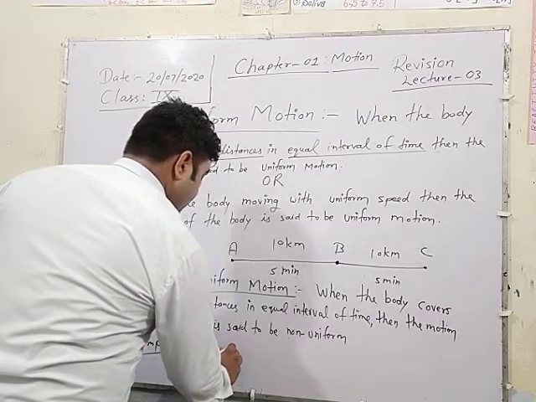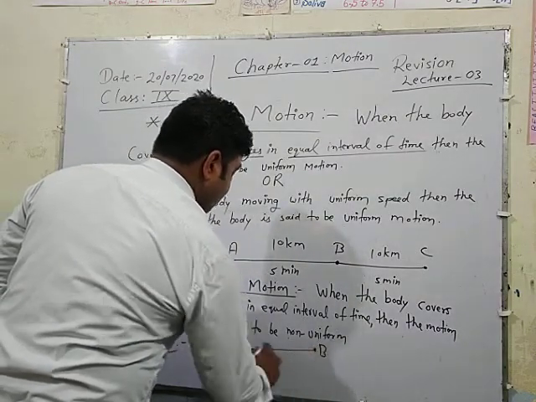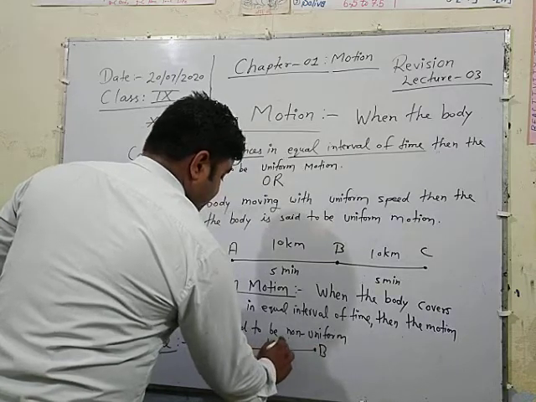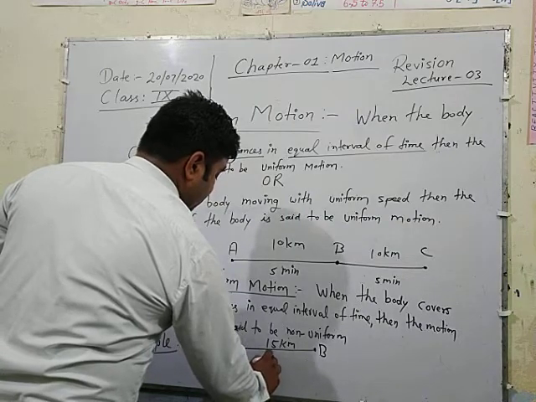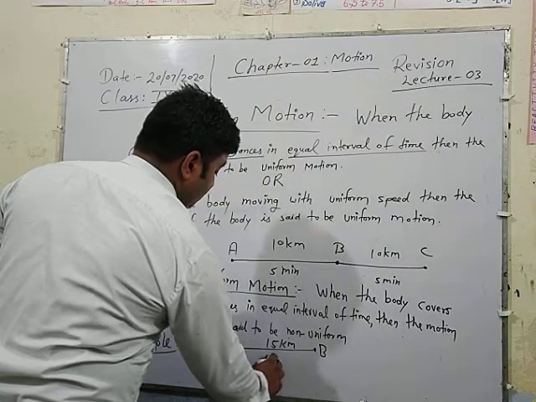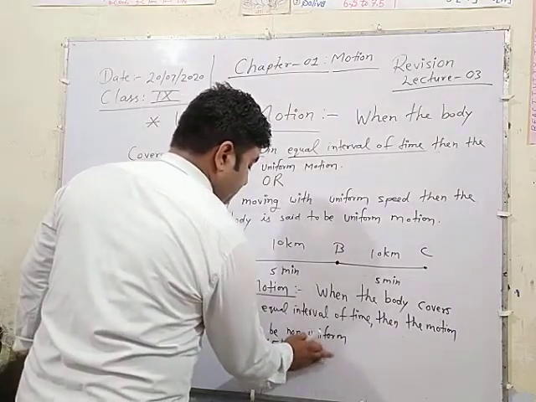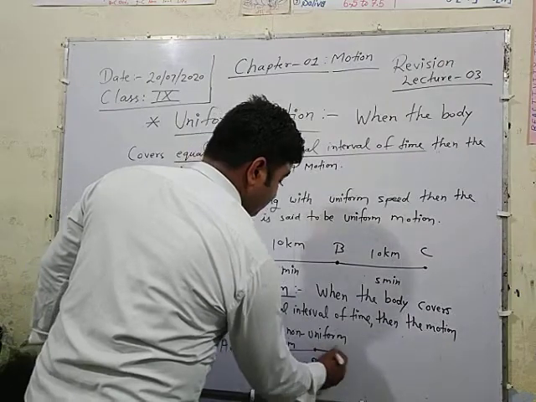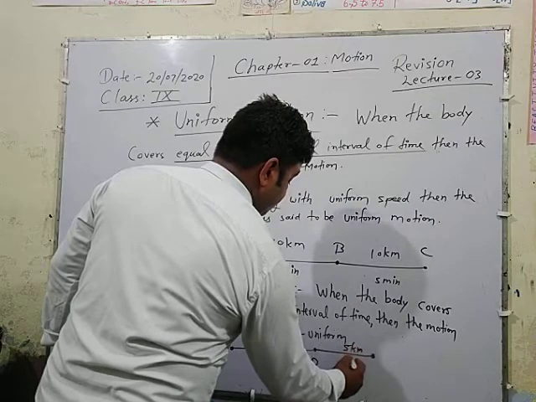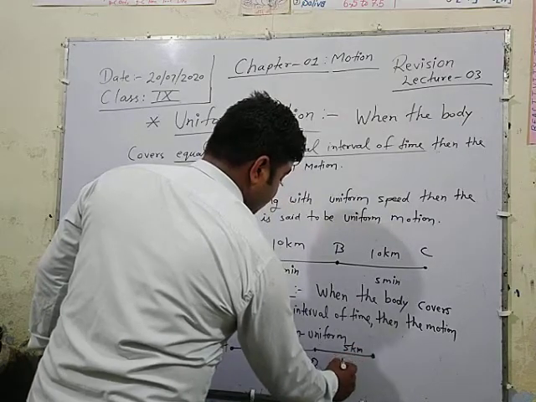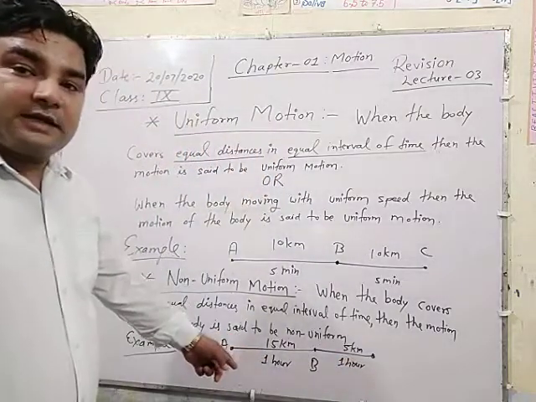If the body covers the distance A to B, that is 15 kilometer in 1 hour, and from B to C, that is 5 kilometer in 1 hour, then here the time interval is the same.